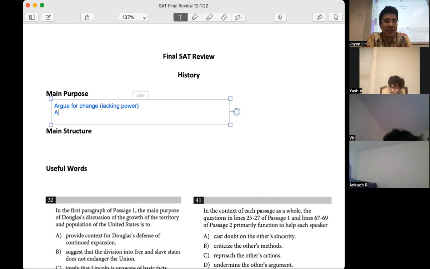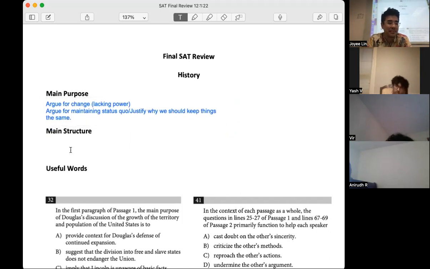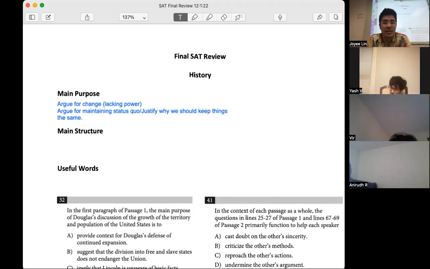Yeah, argue for the status quo. Argue against change or for maintaining the status quo. Justify why we should keep things the same. Okay. What is the main structure?